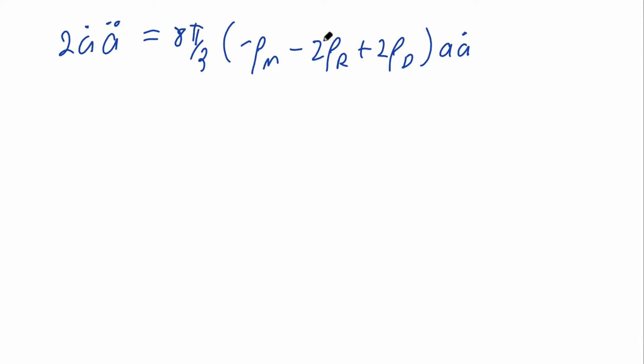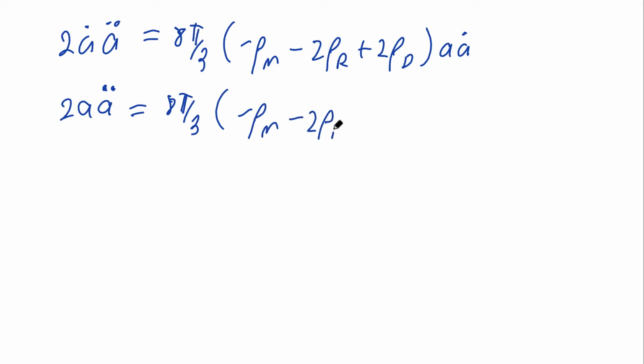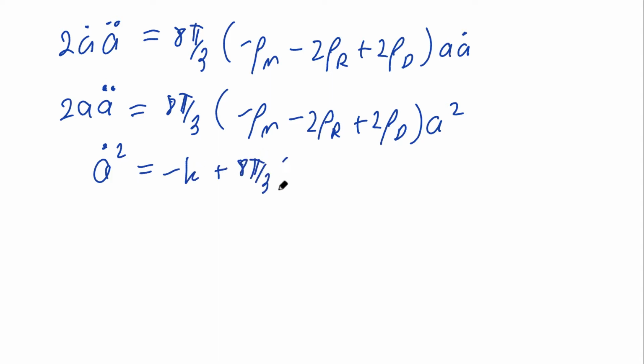Now multiply by a and divide by a dot to obtain 2a times a double dot equals 8 pi over 3 times minus rho m minus 2 rho r plus 2 rho d times a squared. The next step is to add the original equation, which was a dot squared equals minus k plus 8 pi over 3 times rho m plus rho r plus rho d times a squared.